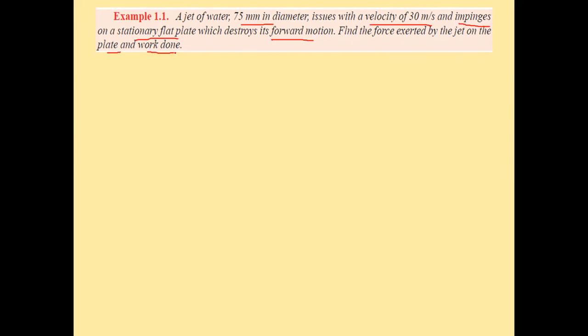As I do while solving every numerical, before showing you the actual solution, we first discuss how the solution can be found out depending upon the numerical or the question. So, what is given here? A jet of water 75 mm in diameter.